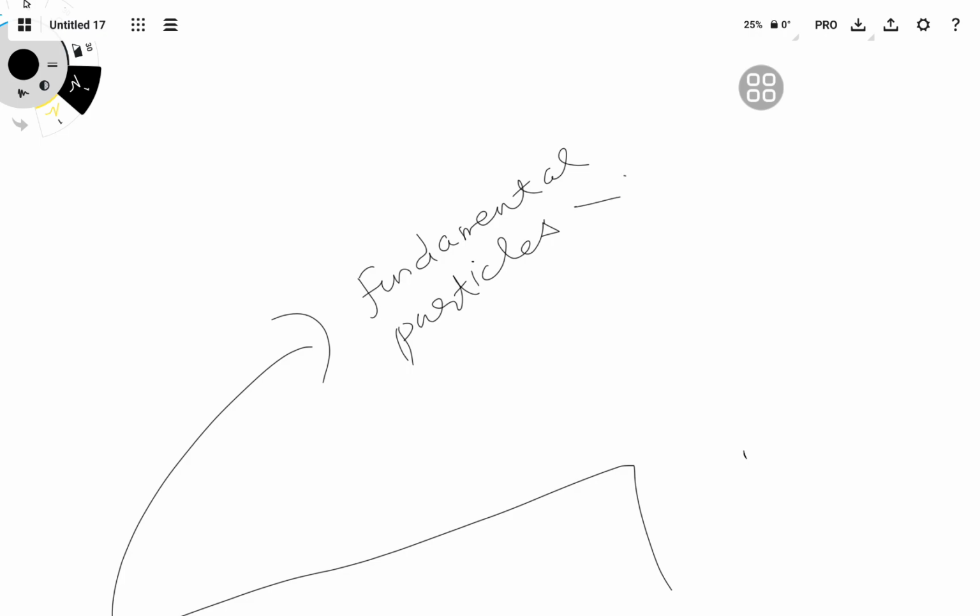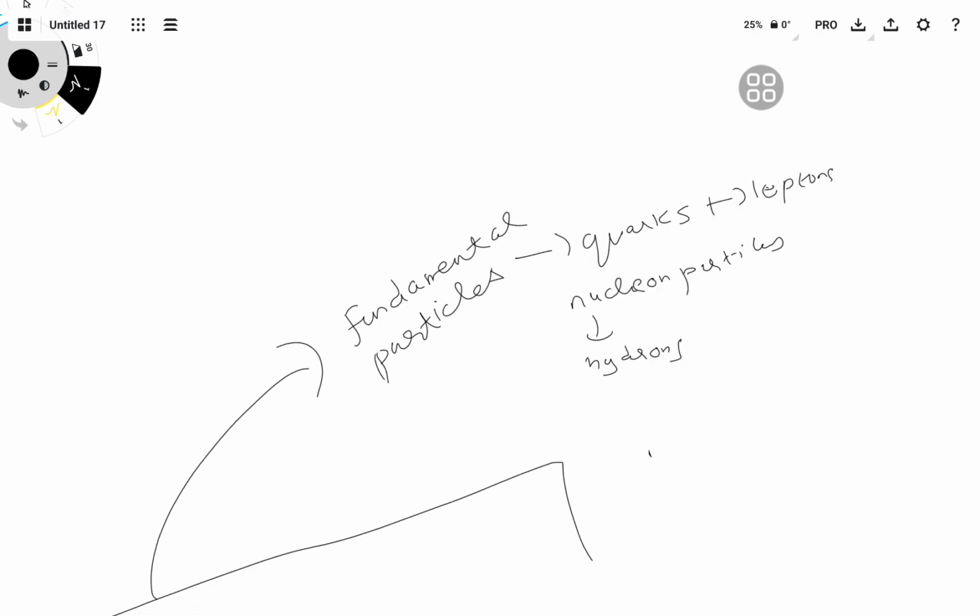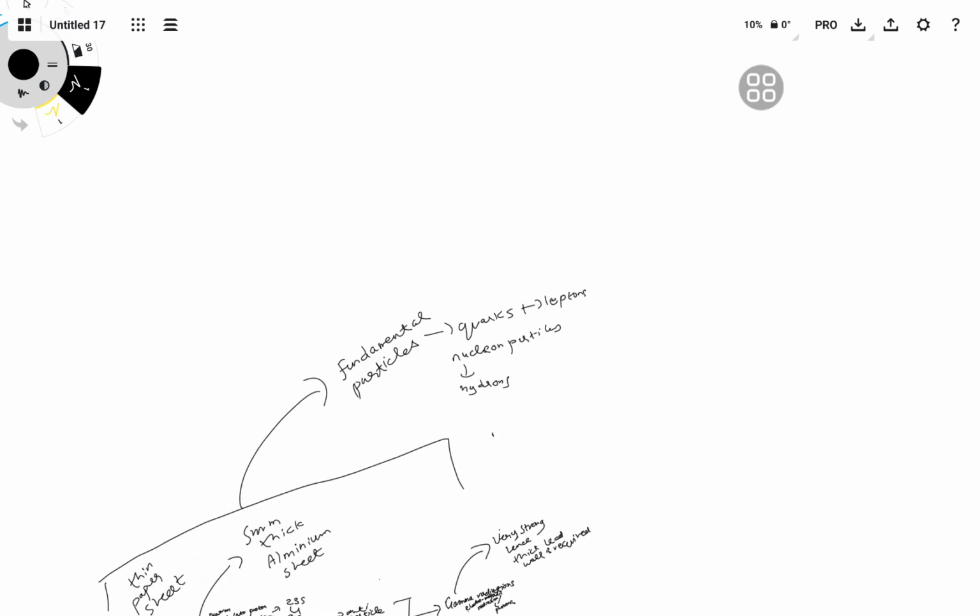Sorry for that. Quarks and leptons are fundamental particles, and nucleon particles are hadrons. Quarks are even smaller particles, similar to electrons but different, as they make up the proton and neutron.